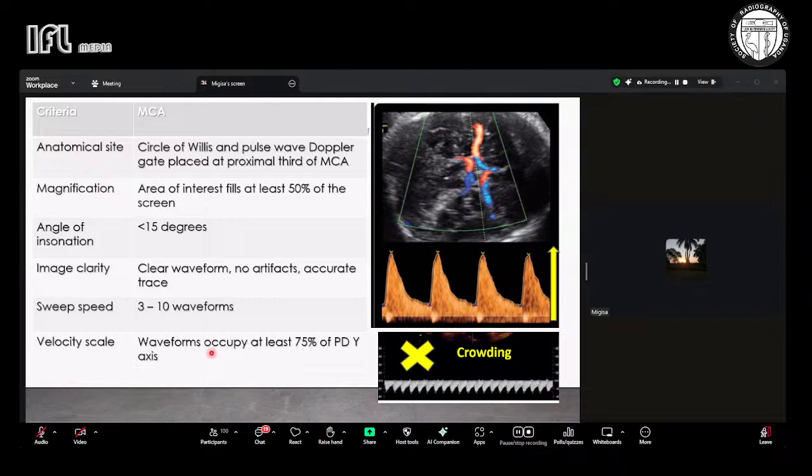Then again, the waveform should occupy at least 75% of the pulse Doppler y-axis. So this is the y-axis, and you don't want these waveforms to be very small. Like you see in the bottom image, they are quite tiny. So for the y-axis scale, you want them to be bigger than this. I mean longer. How you change this is using your PRF.